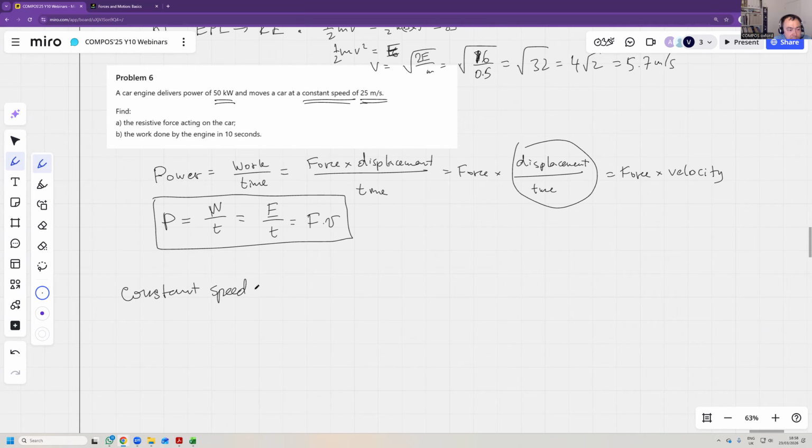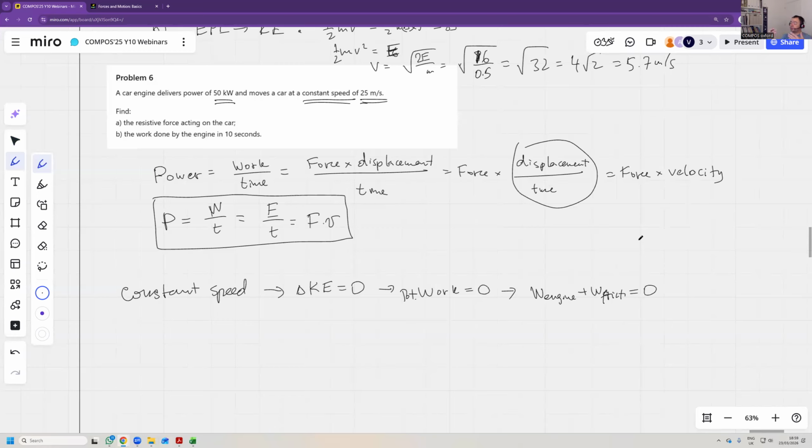Therefore, the work done is 0. But you need to understand that it's the total work. It's the work done by the engine plus the work done by the friction. That is 0.